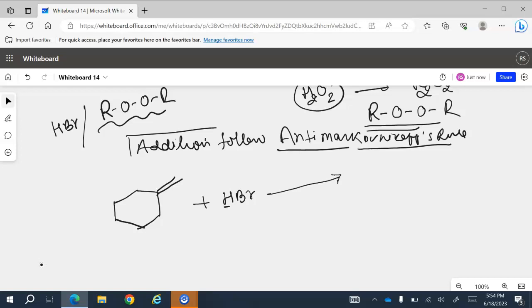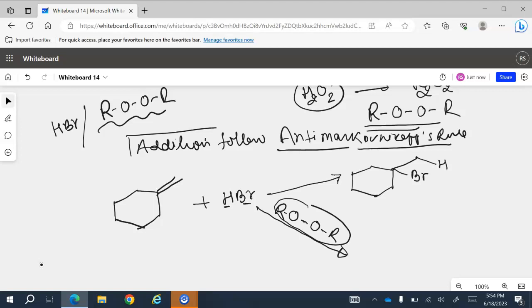Hydrogen will go to the carbon with the larger number of hydrogens, and bromine will go to the next carbon. So hydrogen will be added here and bromine here. You may or may not show the hydrogen, you know that very well. But if you do the same reaction in the presence of organic peroxide, ROOR, then it will follow anti-Markovnikov rule.